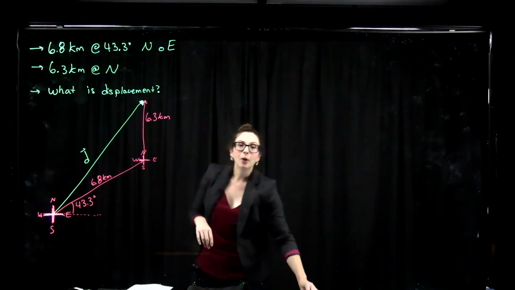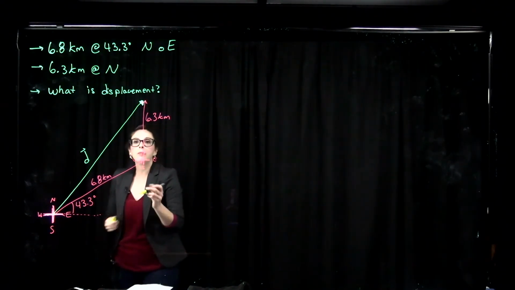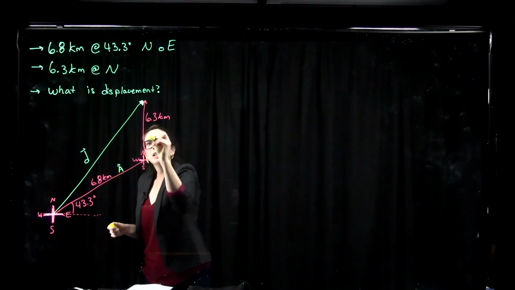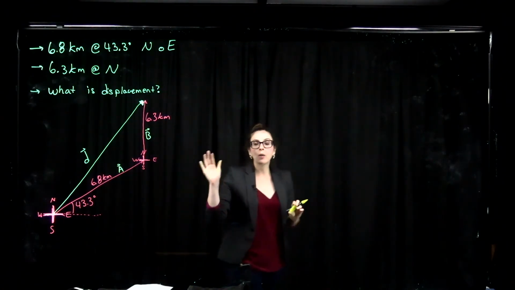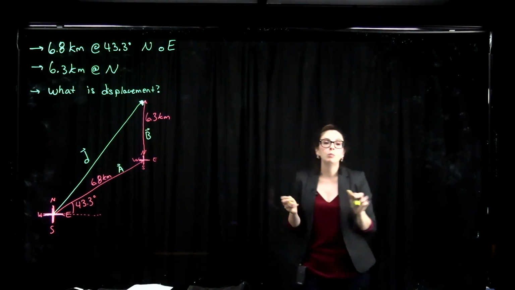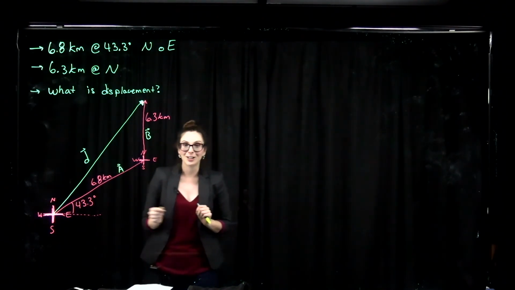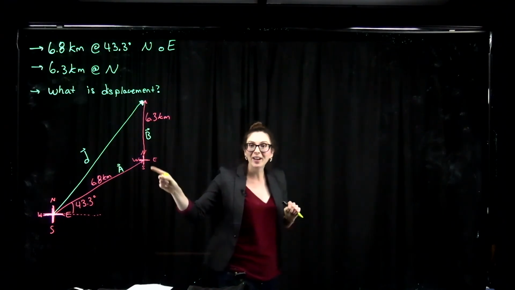Now let's see. The first thing I want to do, I'm going to call this vector right here vector A. And I'm going to call this vertical vector, vector B. So just like how we did the previous PreLab problem where we found the magnitude of the sum of two vectors, we're essentially going to find the magnitude of the sum of two vectors.